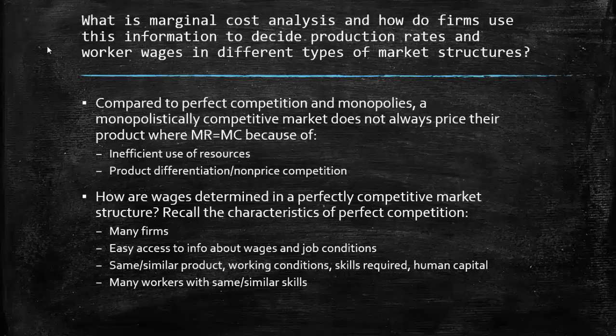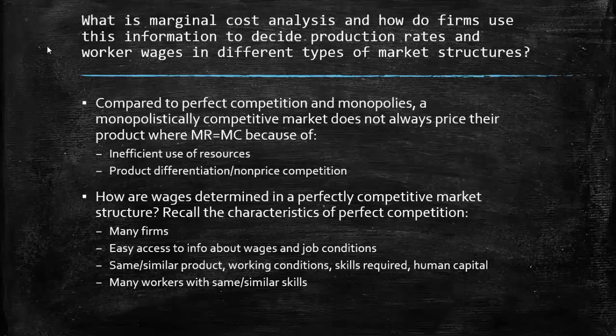And here's why. Think about all the product differentiation, non-price competition, advertising that goes on in a monopolistically competitive market. Because of all of that, they are not as efficient at determining their marginal cost compared to a perfectly competitive firm.